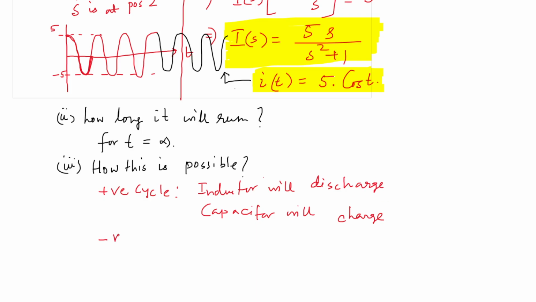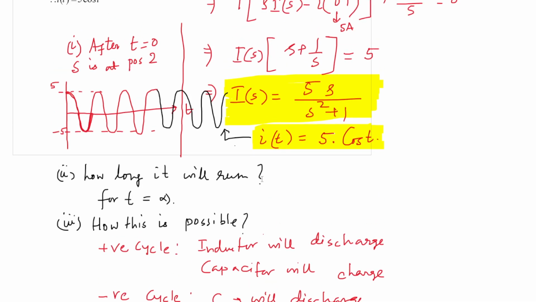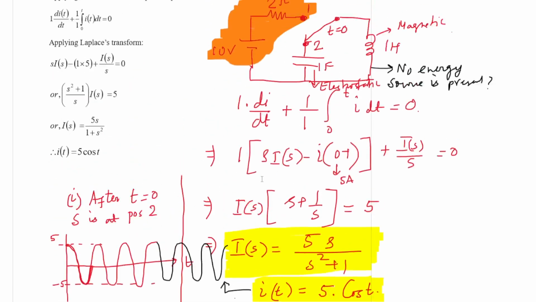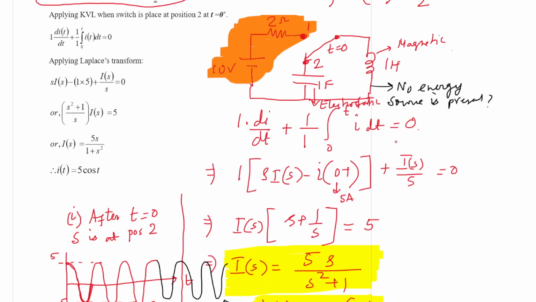And in the negative half cycle, this reverse thing will happen. This capacitor will discharge and inductor will charge. So in this way, with the mutual exchange of the energy, this L and C network can maintain this profile for a long time, even for t is equal to infinity.